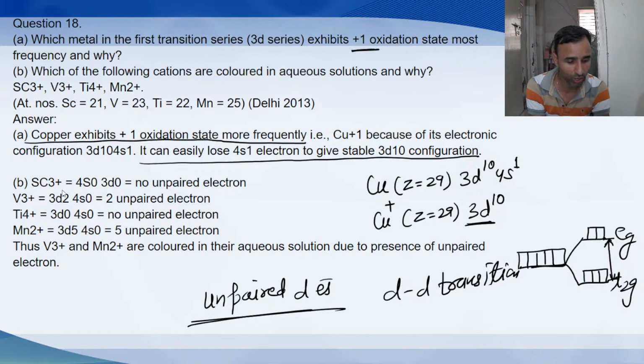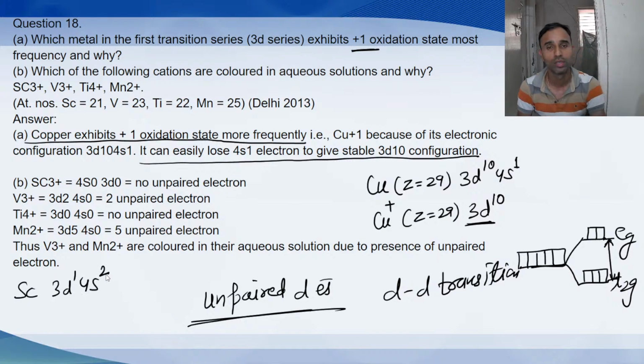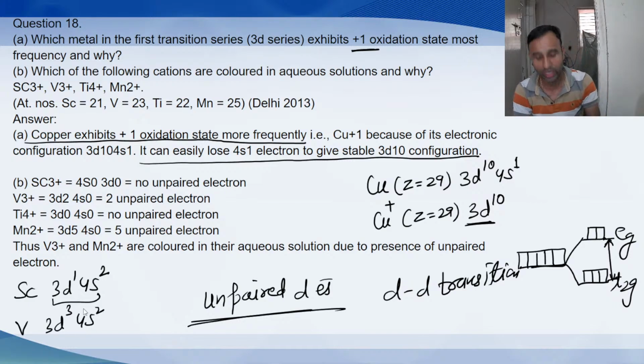See, scandium 3 plus, scandium is 3d1 4s2. So after losing 3 electrons, scandium 3 plus has d0, no unpaired electron. Vanadium 23, 3d3 4s2. So after losing 3 electrons, it is 3d2. So there are 2 unpaired electrons. So that means it is colored.